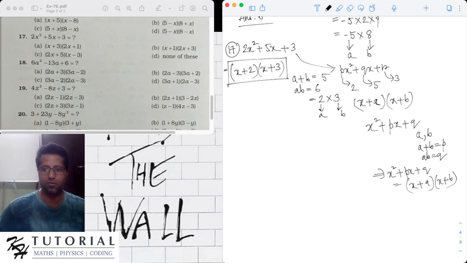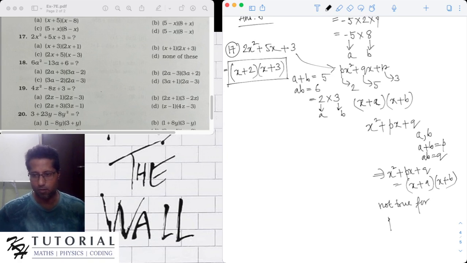But this is not true for the quadratic trinomial of the form px square plus qx plus r.